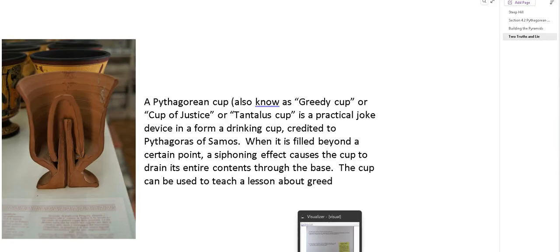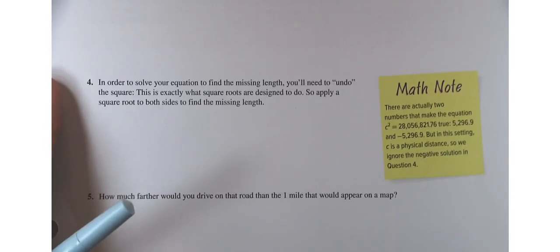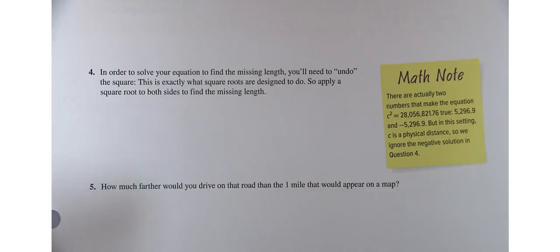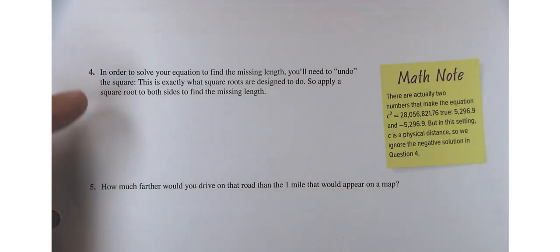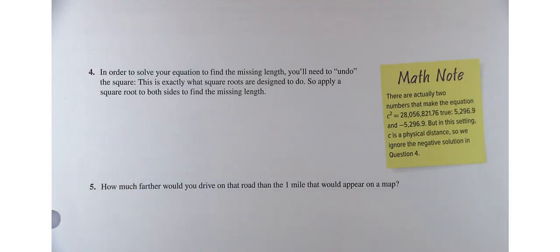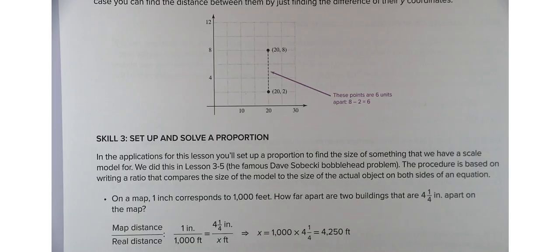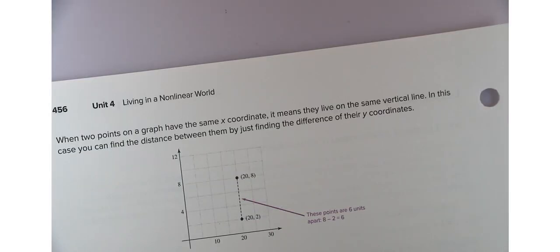In any case, let's keep going with some Pythagorean theorem kind of problems. So let's see. I think we're okay with the square root part here. Let's move over to, let's see, page 456.